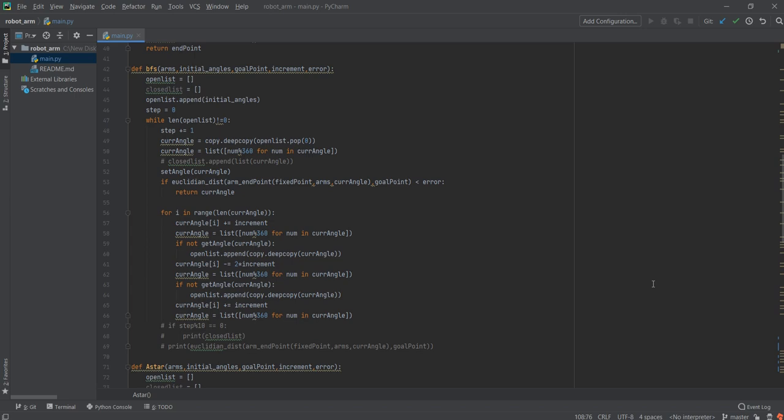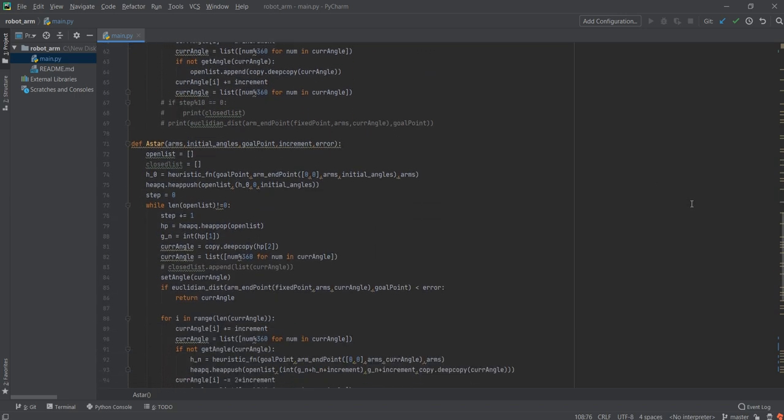And since we are incrementing values in a small delta theta fashion, we will be searching the whole domain space and we will be reaching the goal state in an optimal way. That is, the first time we reach the goal point is the optimal answer. But this is not time optimized because we will be searching the whole domain space.